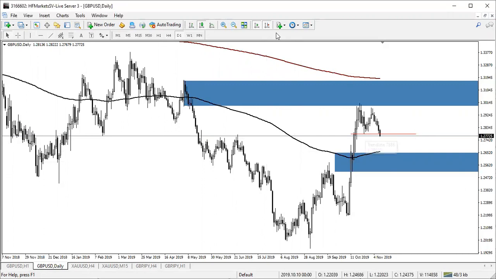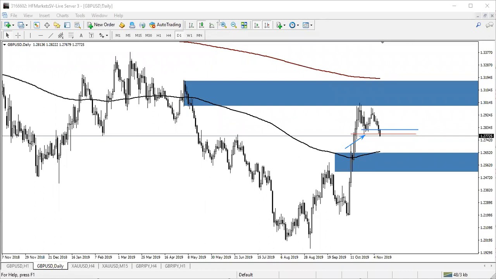This neckline has been broken. So we can get a pullback up to this price level.